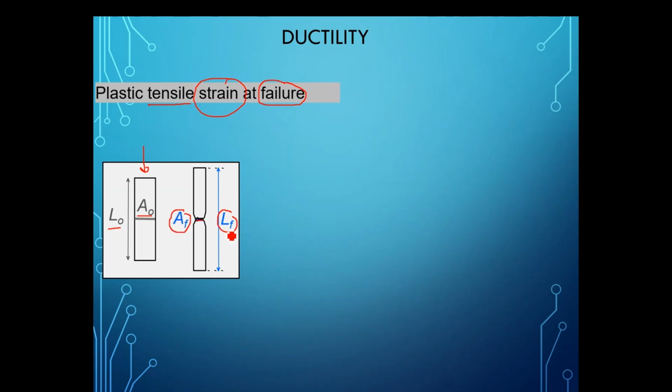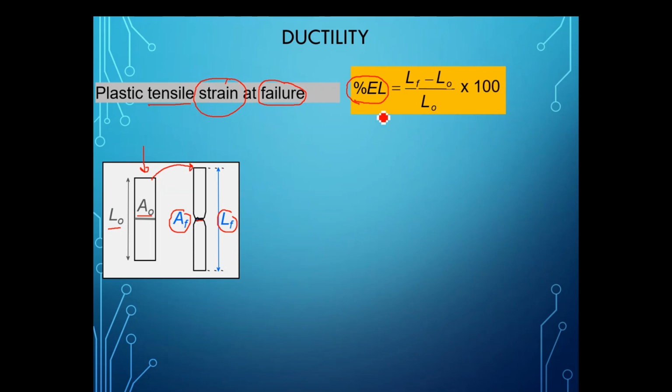The cross-sectional area has reduced. Now, if I have these four characteristics of the sample known to me, I can define ductility in terms of percentage elongation. How much the elongation took place as the sample was subjected to tensile load and it ultimately fractured.